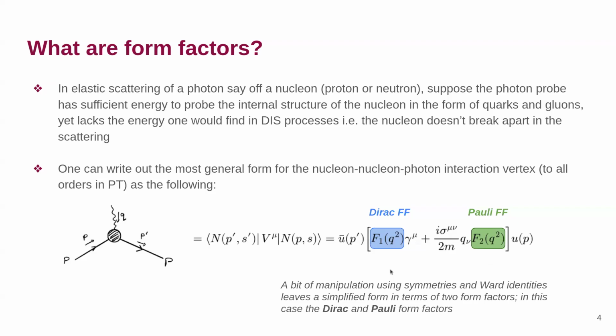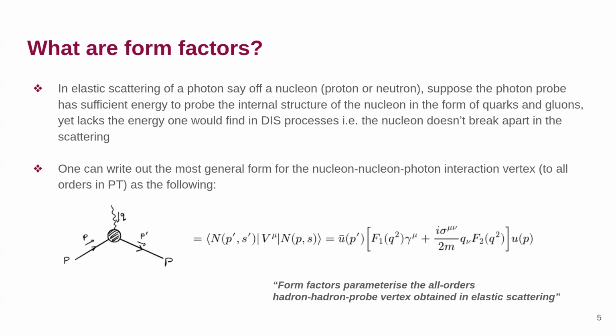So this is how we derive the Dirac and Pauli form factors. But this sort of argument holds in other cases as well, and we can understand this as just an example of saying that form factors parameterize these all-orders hadron probe vertices that we see in elastic scattering, if we're talking about hadron form factors, that is.